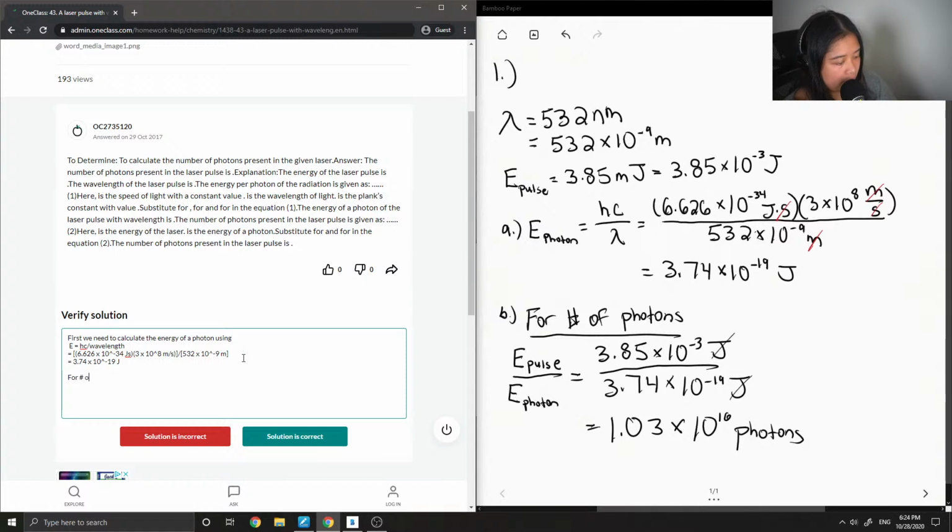For the number of photons, E pulse over E photon is equal to, then I got 1.03 times 10 to the 16 photons.